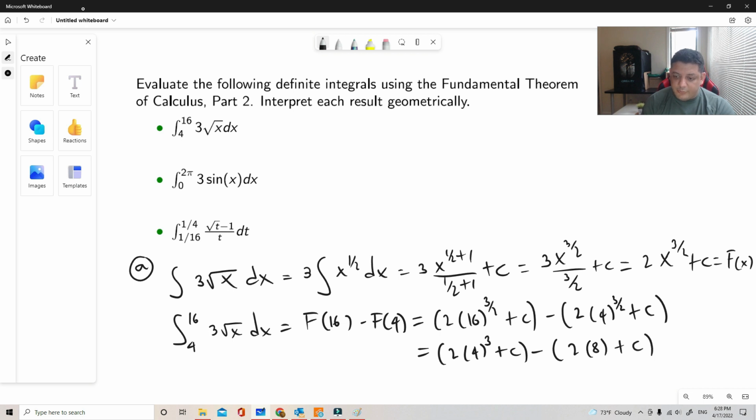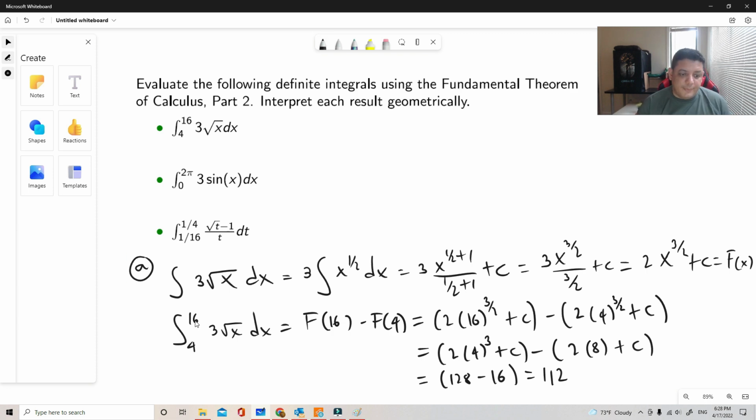Just playing around with the exponents here to simplify the values. Now 4 to the 3 is 64, so this is going to be 128 minus 16. Notice that c is going to get canceled with the other c. And now this is equal to 112.